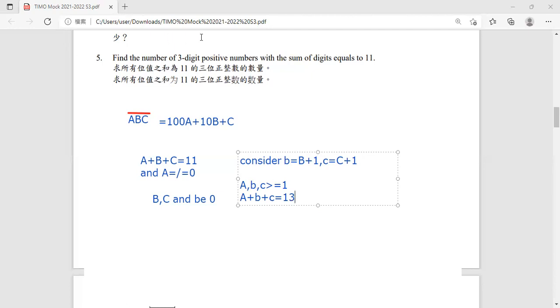Now you can consider there are 13 number ones.